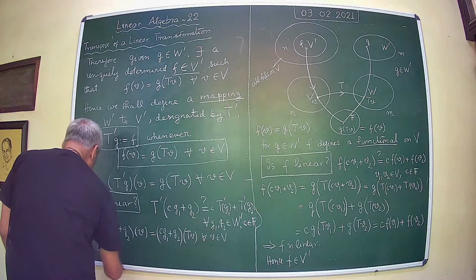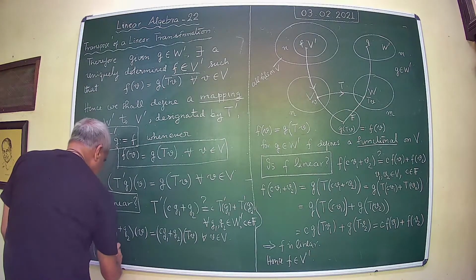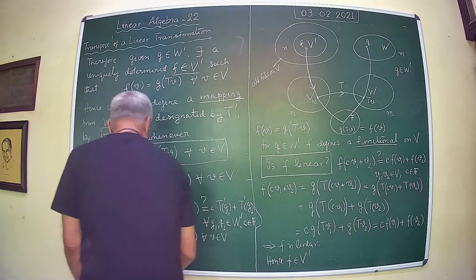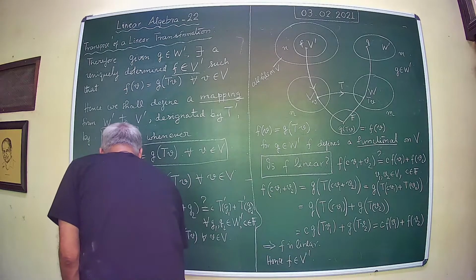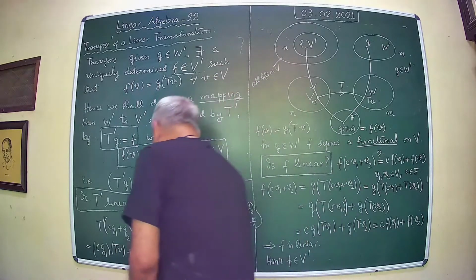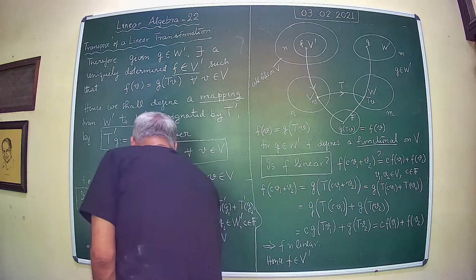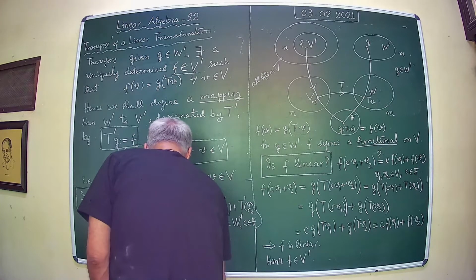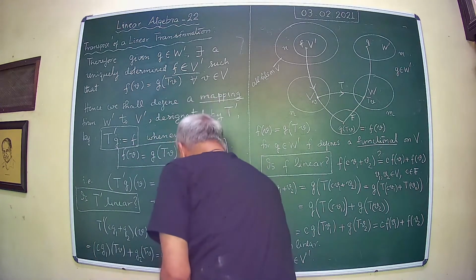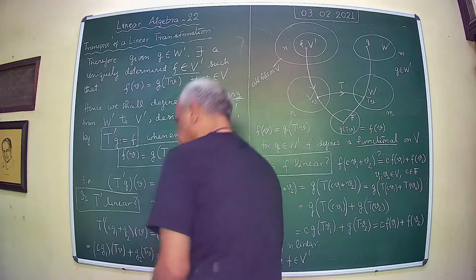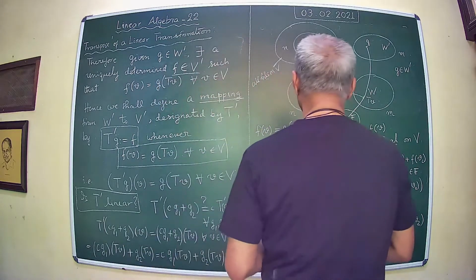CG1, which is again C times G2 of T. And what is that?